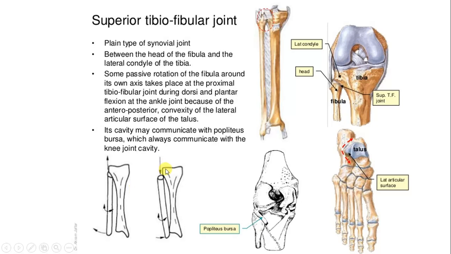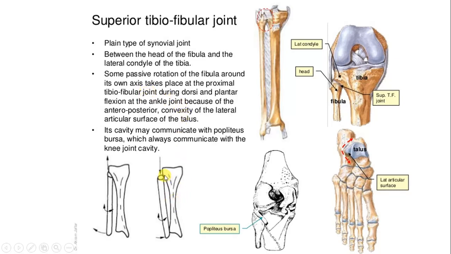Here the two bones are away from each other at the lower end, but here they are closer together. So here it is moving outside, here it is moving inside. So there is a passive movement of rotation occurring in this.